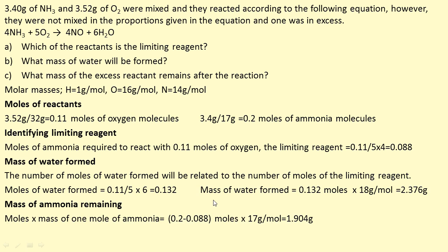Thus, the number of moles of ammonia remaining at the end is 0.2 minus 0.088 moles, multiplied by the mass of 1 mole of ammonia, giving us a total mass of 1.904 grams. And again, if we're sticking to 3 significant figures, 1.90 grams.